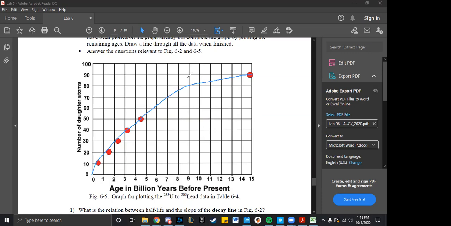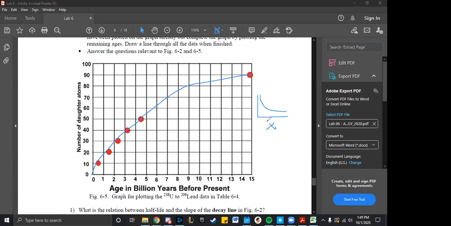And so for the first question, for the relationship between half-life and the slope of the decay line, well, we've actually built up the number of daughter atoms. So to get the decay of the parent line, you basically just flip this one over. So you'll have your graph and it'll look something like this.